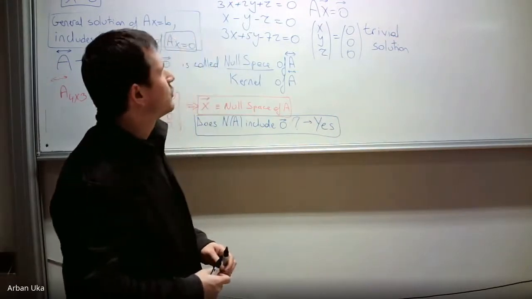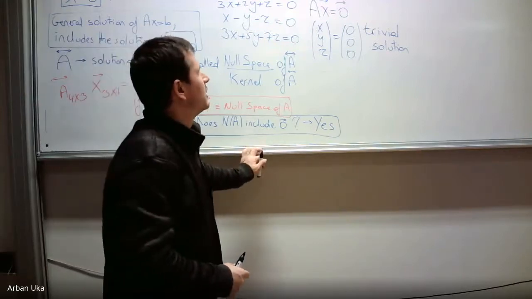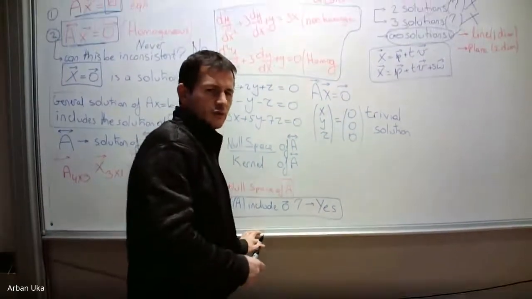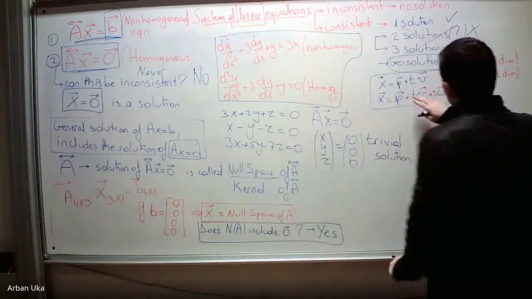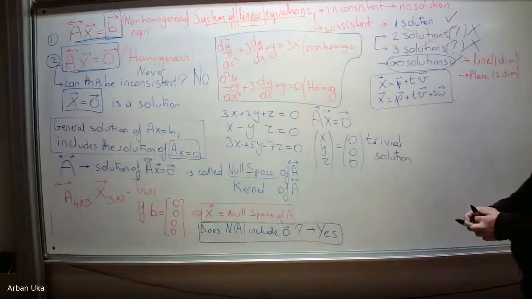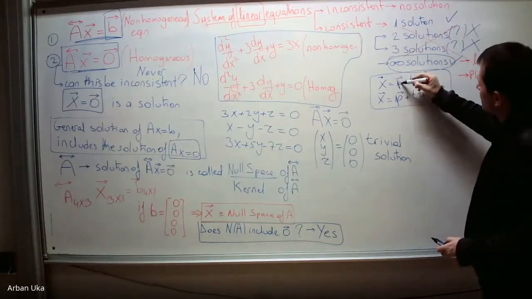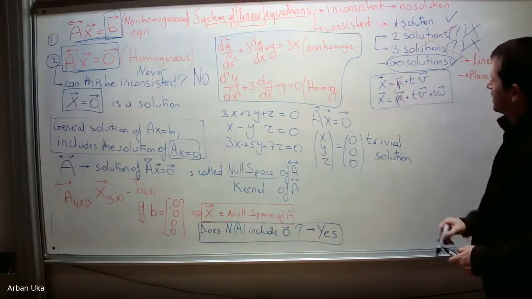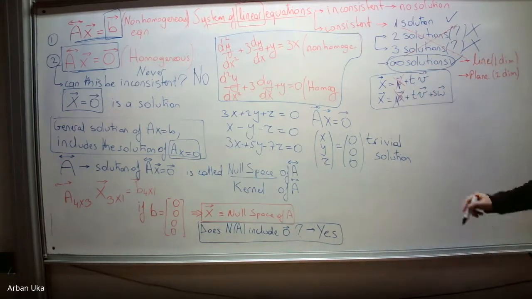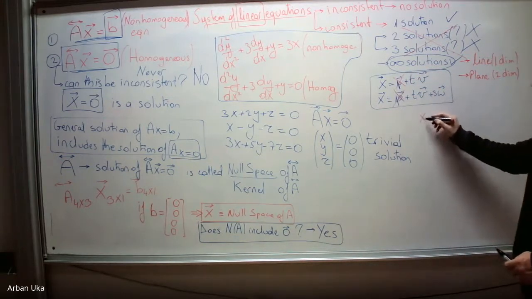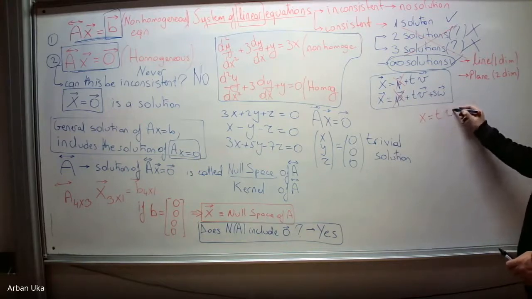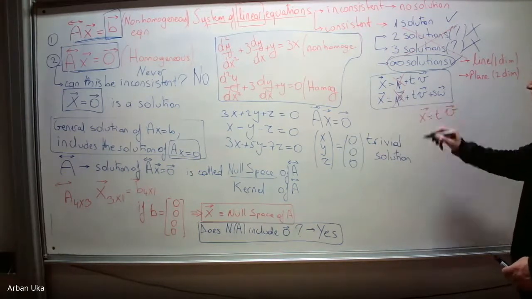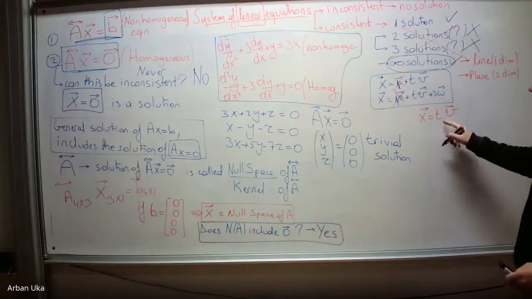And what does it mean for a line or a plane to pass through the origin? Let's look at these equations. To pass through the origin, this means that we don't have this P. To make a line pass through the origin, we can simply write x is equal to tV, and since t can be zero, this passes through the origin.